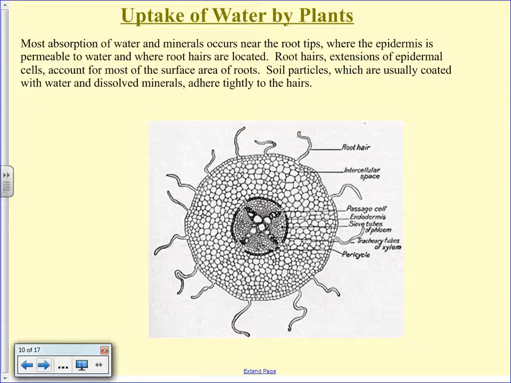If you have a really thin root like this, and you're trying to get water to move in and travel by diffusion, or would it be easier to absorb water through here and have it travel into here through diffusion? Which one's going to be faster and more efficient? Yeah, the small ones right here. Way better surface area to volume ratio than in here with all these really big cells.